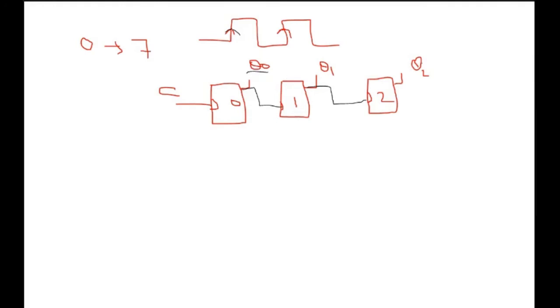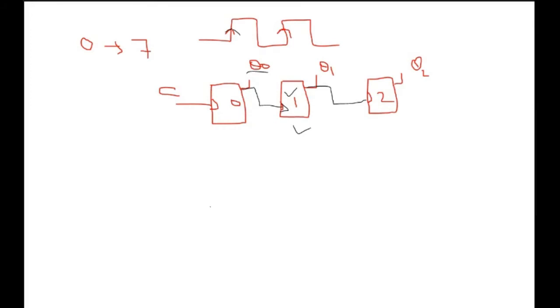Q1 and Q2 will wait for the previous stage, because the clock of this flip-flop depends on the output of the previous flip-flop, Q0, right? So to change Q1, it will wait for Q0, and only if Q0 has a positive edge will the next flip-flop work. So in this case, there is no synchronization with the clock. We call them an asynchronous counter. This is also called a ripple counter.